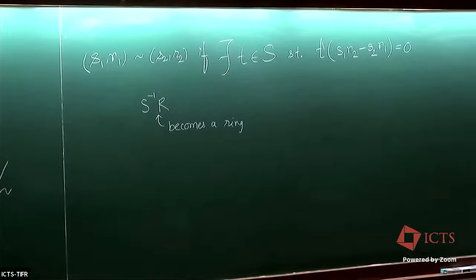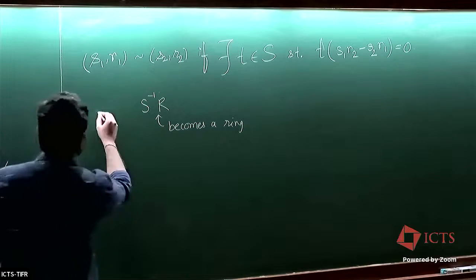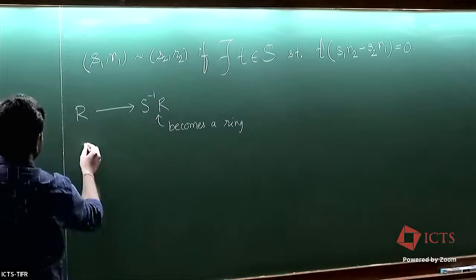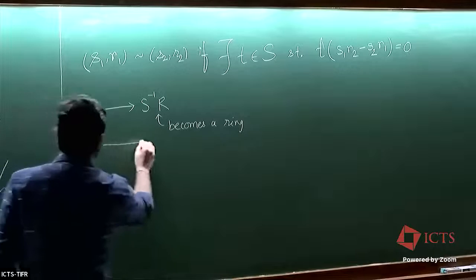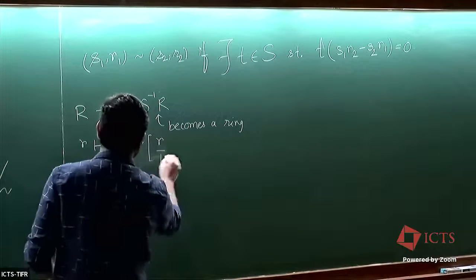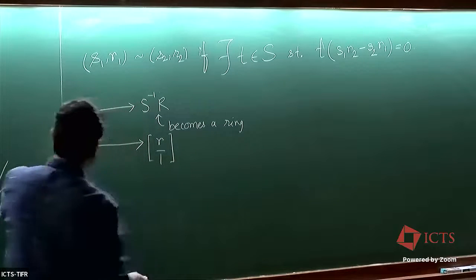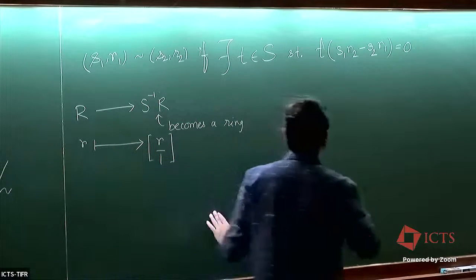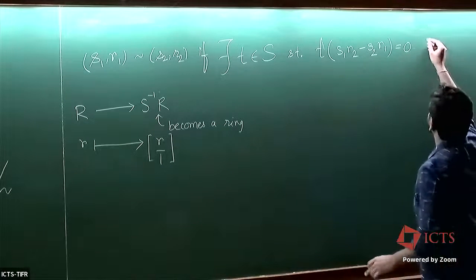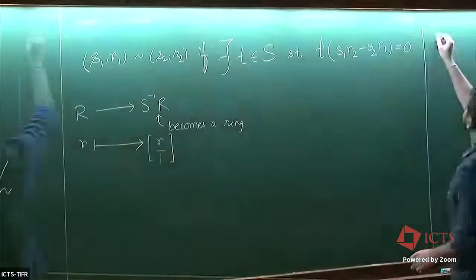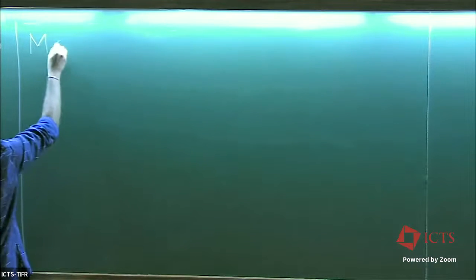And we have to check the equivalence relation holds, but that works. And any element of R going to r by 1, this is a ring map. We can also take M.